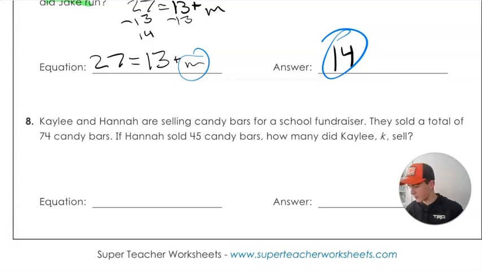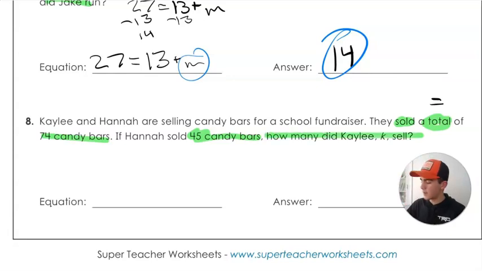We don't need to do anything with that. They sold, this is important, they sold a total of 74 candy bars. If you notice, total is our equal sign right there. If Hannah sold 45 candy bars, and here's the question, how many did Kaylee sell?